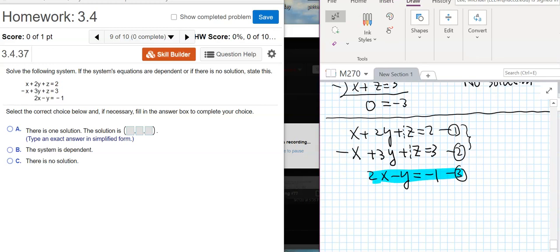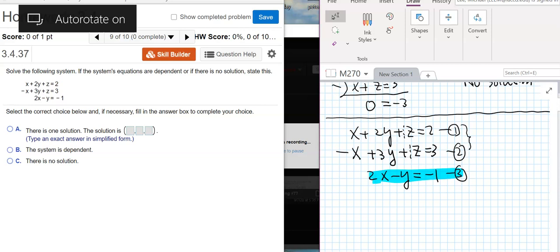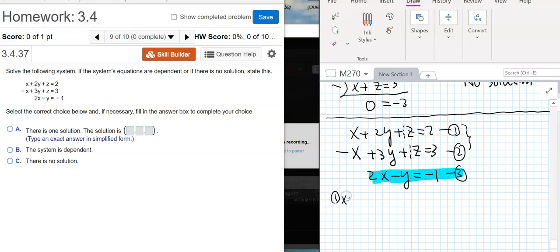So now, 1 times negative 1 is negative x minus 2y minus z equal negative 2. And then 2 is negative x plus 3y plus z equal 3.